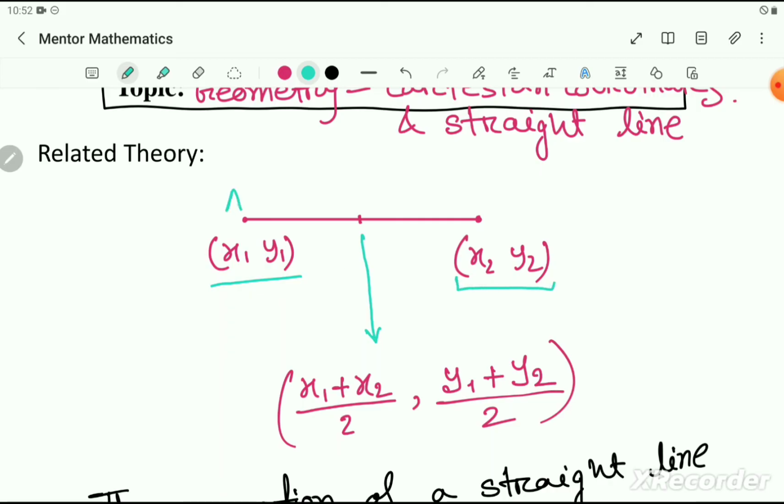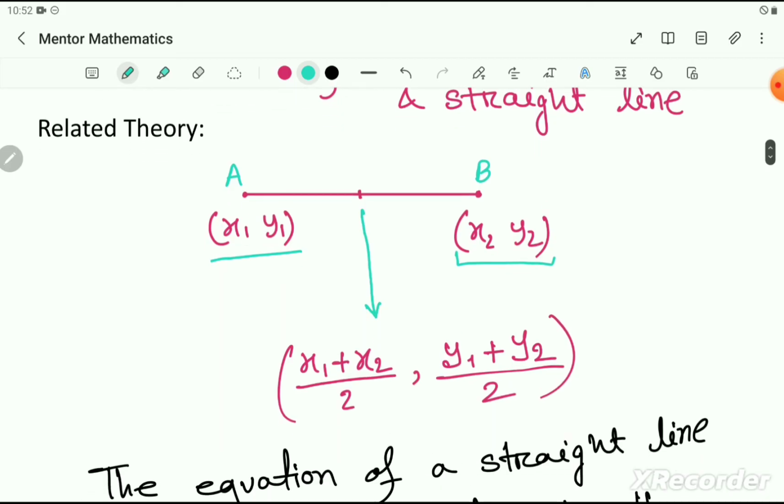This is endpoint A and this is endpoint B. If we connect them, the midpoint of these 2 points would be x1 plus x2 divided by 2 for the value of x, and y1 plus y2 divided by 2 for the value of y.